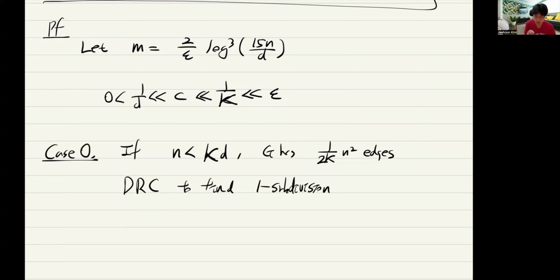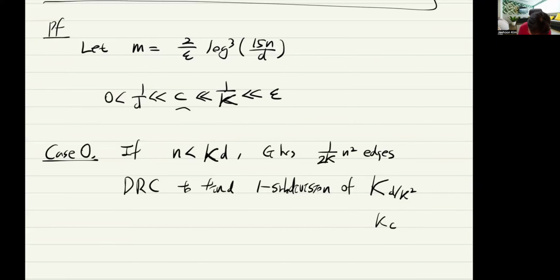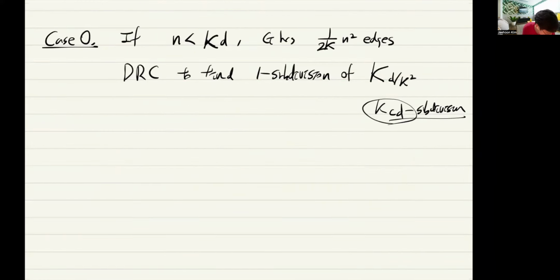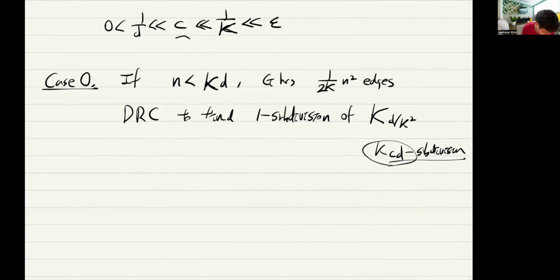One subdivision means the ideal subdivision where every edge is replaced with a path of length 2, of the complete graph on d over k square, say. Then c is much smaller than 1 over k, so this subdivision follows. So I will not prove this. This was actually one of the homework problems, so you can do it for yourself as an exercise.